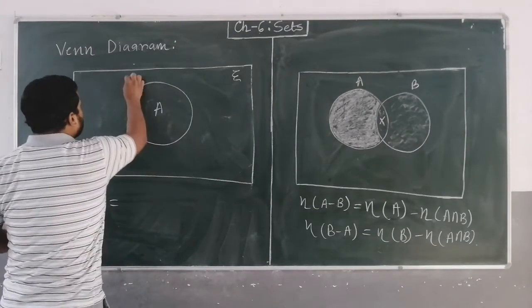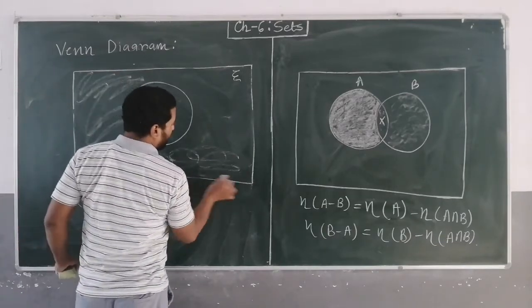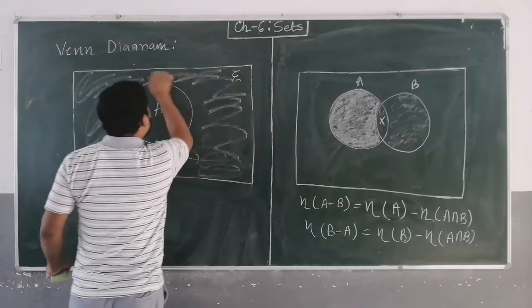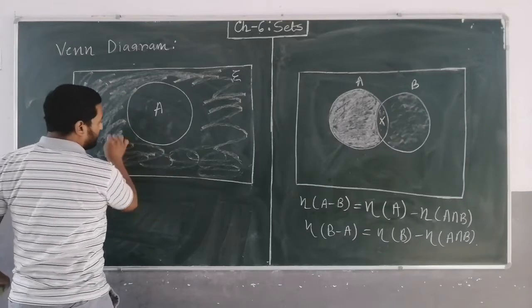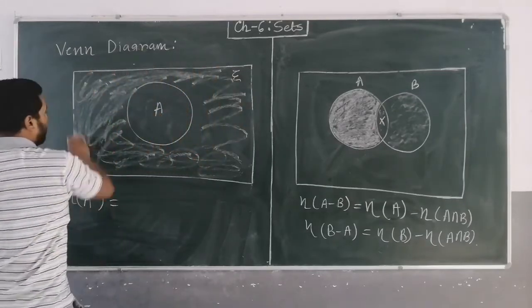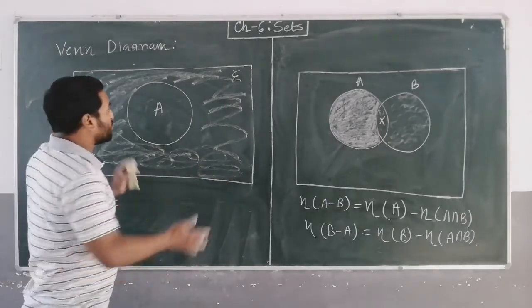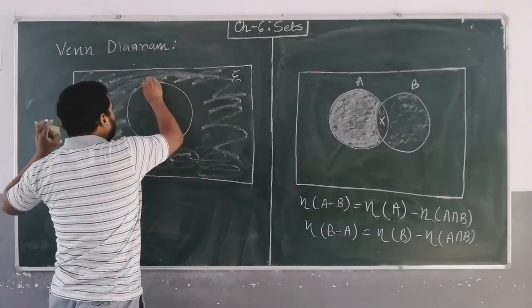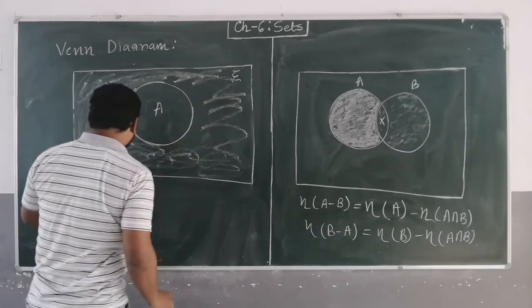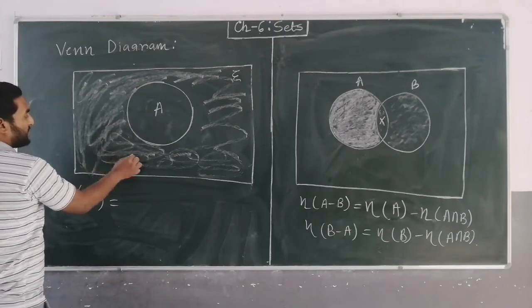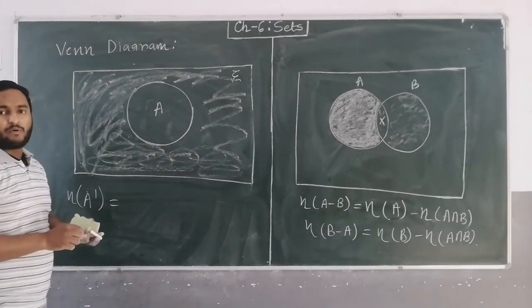A complement means this whole part, except the area bounded by A. So this whole part means the total rectangle, the area bounded by this rectangle, that is xi, the universal set. So from the universal set, if you subtract the area bounded by A, then you will get A complement, because A complement is the area bounded by the rectangle except the area bounded by A.